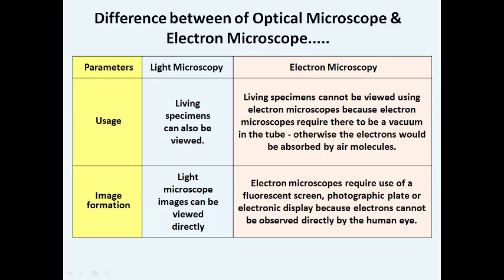Regarding image formation, light microscope images can be viewed directly using an eyepiece lens. Whereas with electron microscopy, we need a photographic plate or a fluorescent screen to view the magnified image of the object.